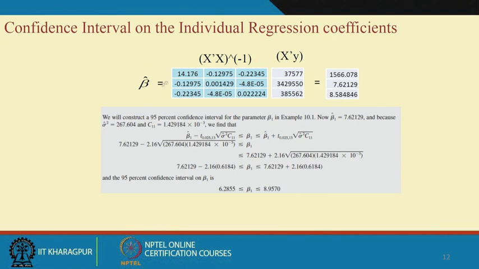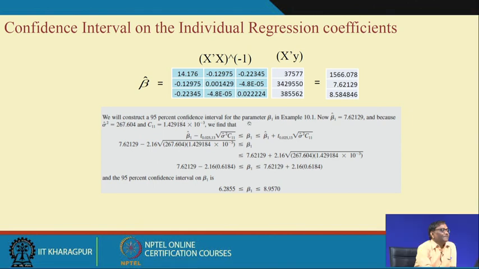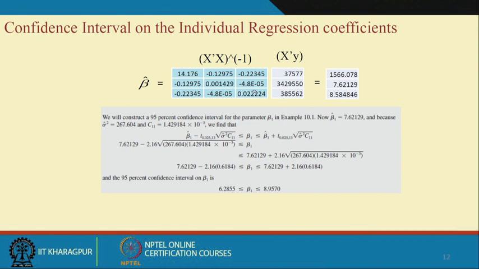Okay. So, with this I will show you one example. Suppose from some data we got beta like this. We will construct a 95% confidence interval for the parameter beta 1 in the example. This is basically an example from a book, and now beta 1 is 7 point this, and sigma square was also calculated earlier, and see that C11, that is from X transpose X inverse, is this.